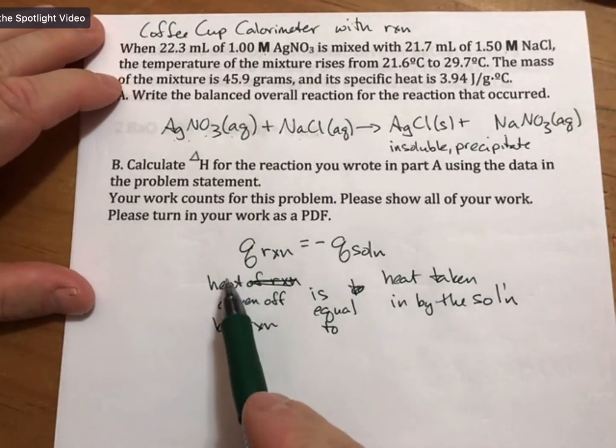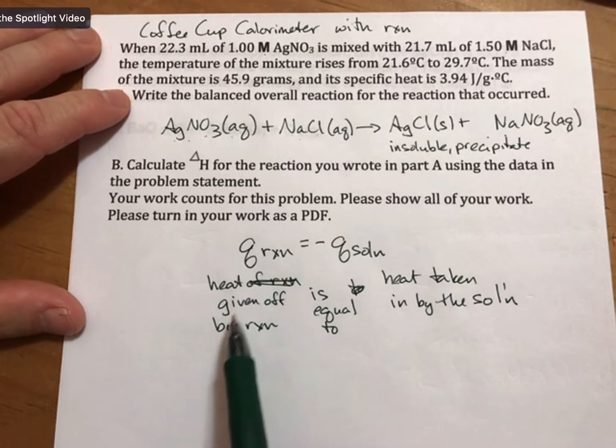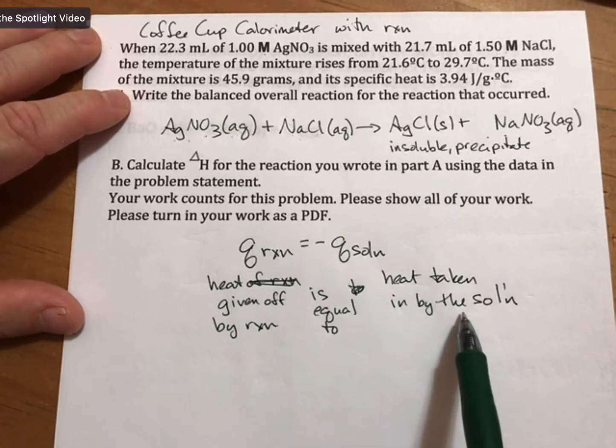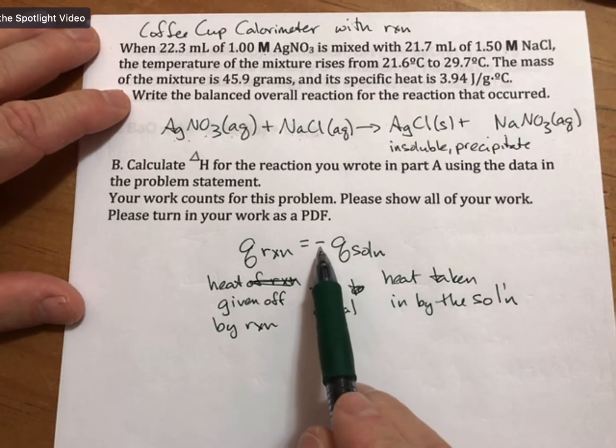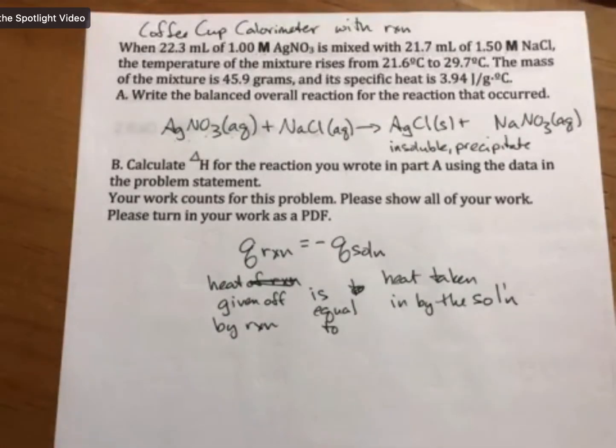So Q is just a heat. It will have units of joules, and basically heat given off by reaction is equal to heat taken in by the solution. And the minus sign just means that one thing is taking in heat and one thing is giving off heat.